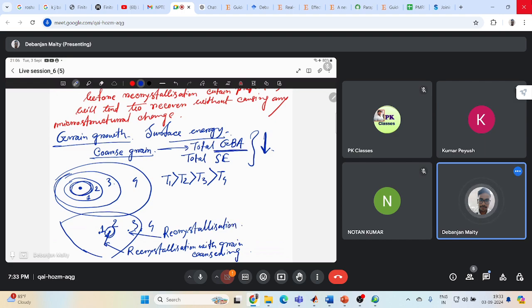So those will be much more defined, without grain coarsening. Please remember these abbreviations. At point 4, there will be no recrystallization, or it will be much closer to the base metal microstructure.